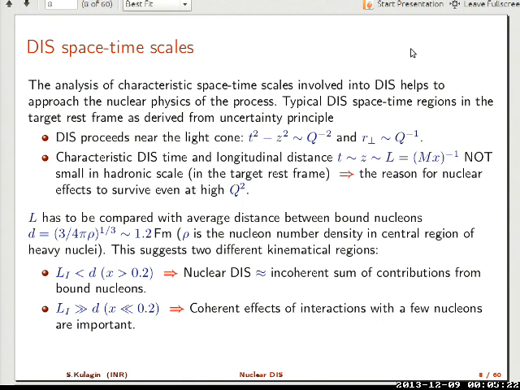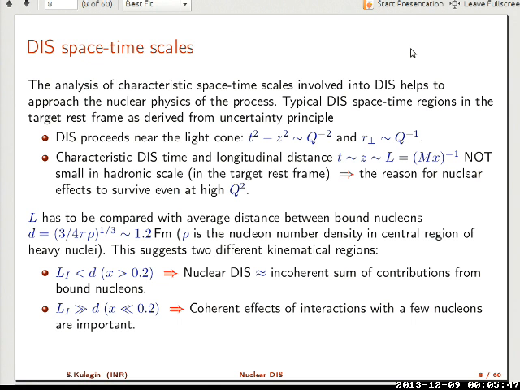But actually the longitudinal distances and the characteristic time involved in the process, the characteristic time is just the average, in some sense, time between absorption and emission of the photon in the Compton amplitude. And longitudinal distance has the same meaning.